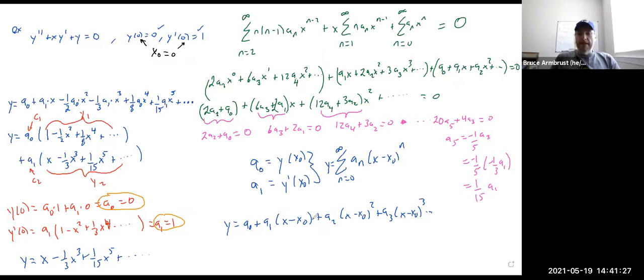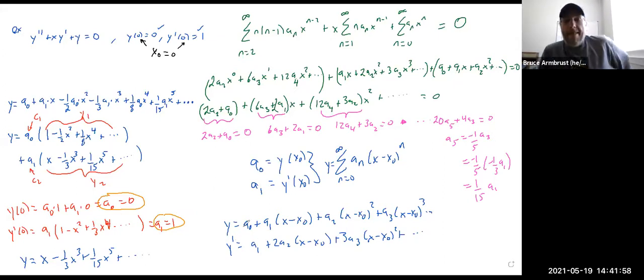If you plug in x naught, gone, gone, gone, gone. All that stuff is gone, and all you're left with is A naught. And when you differentiate, A naught goes away. You get A1, because this is the linear piece. Then you get 2A2 times x minus x naught plus 3A3 times x minus x naught squared plus dot, dot, dot. And again, gone, gone, gone. The only thing left is your A1. So that's really good news.